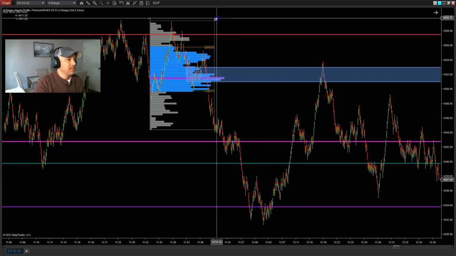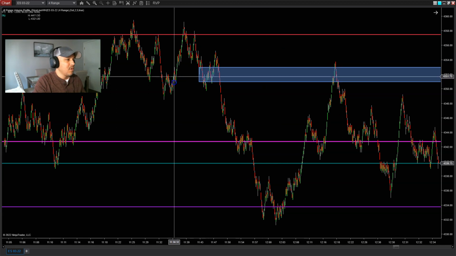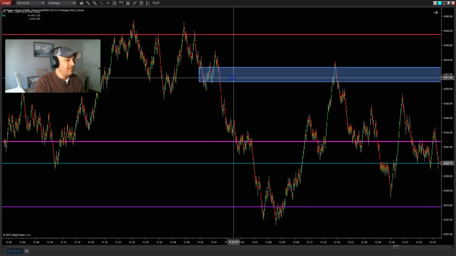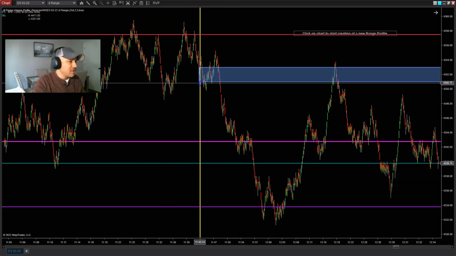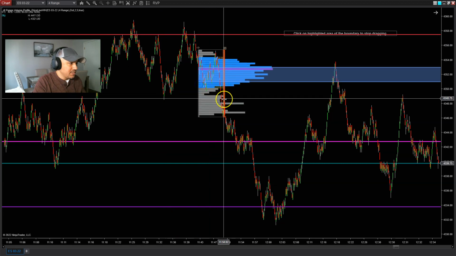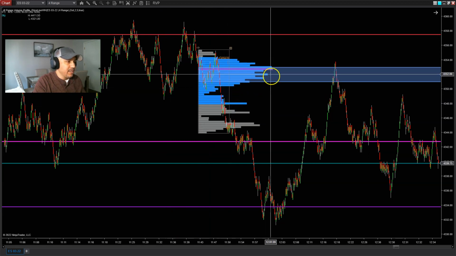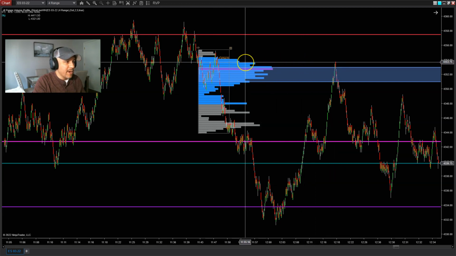So that's the mini profile, in a sense, where I can draw out and be particularly interested in any particular area. If I want to just draw this zone, instead of the whole swing, just this area here, then once again, see? The high volume area for this area where I took interest in this zone here, price pulls back, we're right above the outer edge of the high volume area.